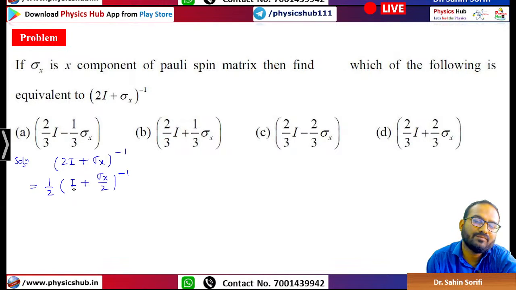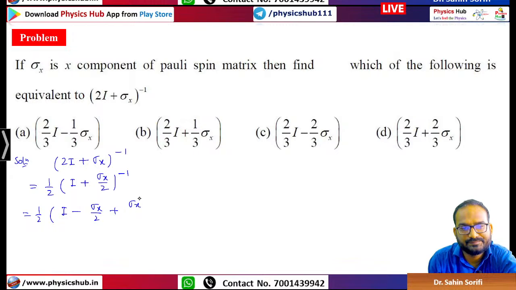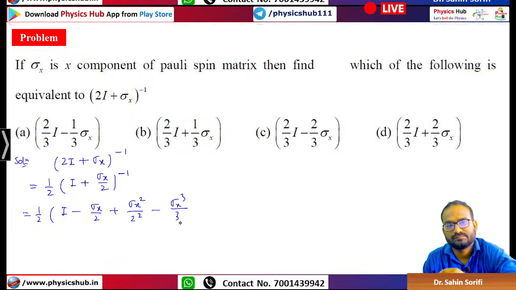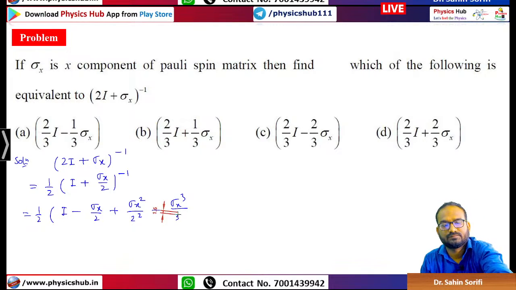So it is like the (1 + x) to the power minus 1 formula: 1 minus x plus x square minus x cube, plus so on.